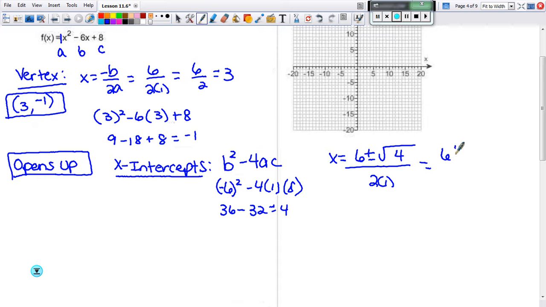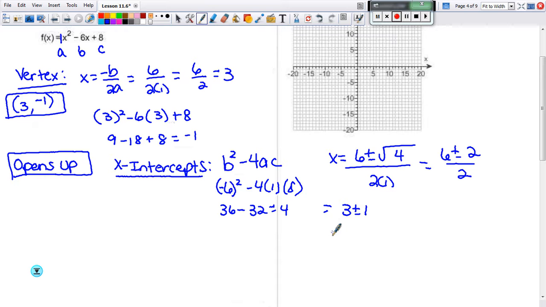So you get 6 plus or minus the square root of 4 is 2, all over 2. Divide all these numbers by 2, so half of 6 is 3, plus or minus 2 divided by 2 is 1. 2 divided by 2 is 1, but you don't put that on the bottom of a fraction.